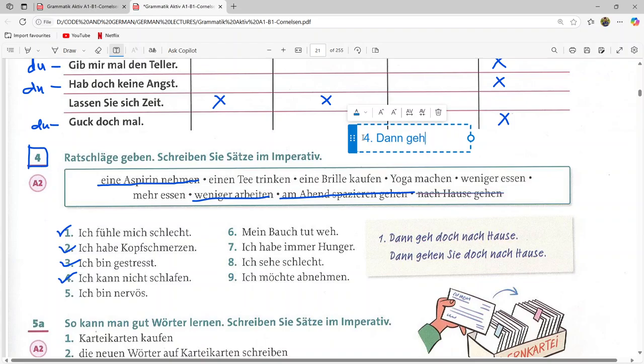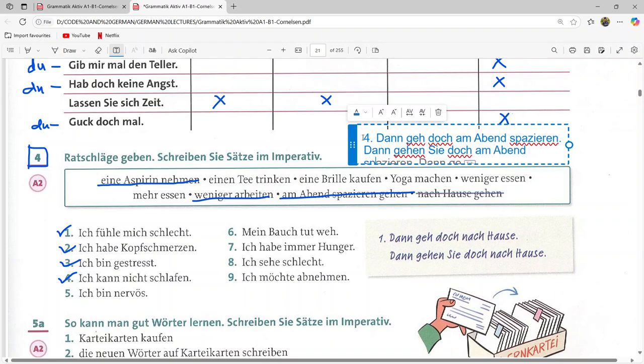So "Dann geh doch am Abend spazieren." If I write in the Sie form, then "Dann gehen Sie doch am Abend spazieren." Okay, so this one is also done.